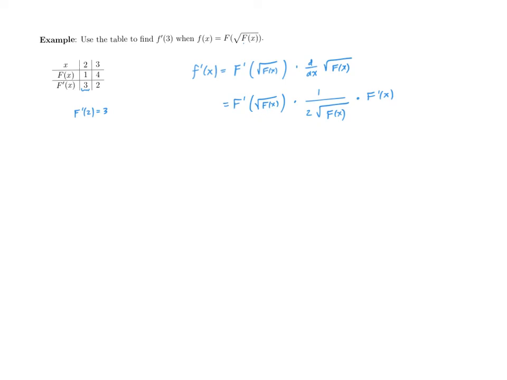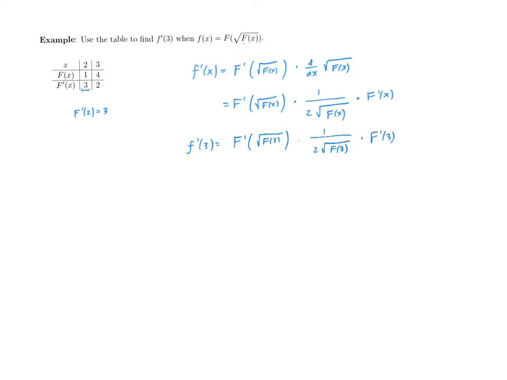And we are now at that ideal position to simply substitute in the value 3. That is F prime of 3, working from left to right, is F prime of the square root of f of 3 times 1 over 2 square roots of f of 3 times f prime of 3.